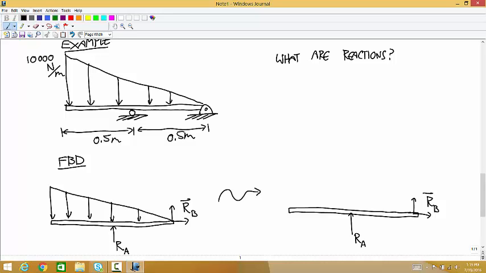So the key thing is that it's a third of the way from the left end toward the right end. So right here, and the total force is 5,000. And that means that this distance is 1/3.